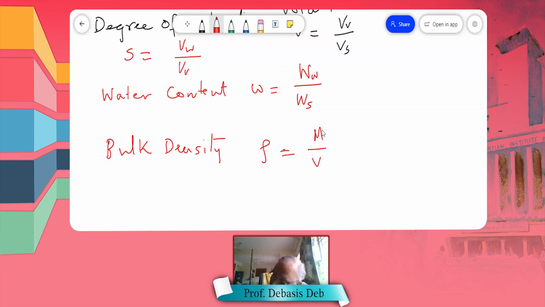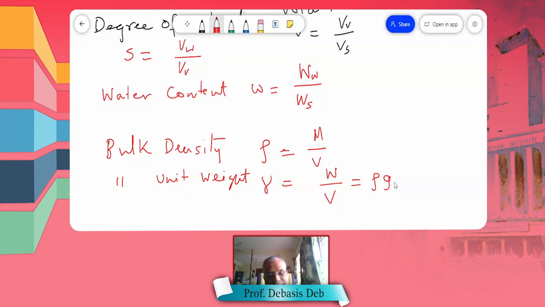Okay. Now, if I write bulk unit weight, and normally we define it by gamma, this will be W by V. So it's very easy to remember this as rho g. Okay, so we normally work with unit weight.